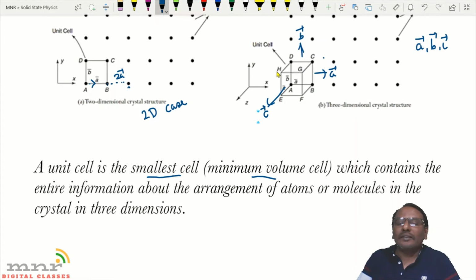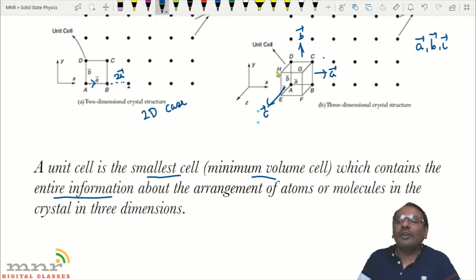The importance of the unit cell lies in the fact that when it is repeated in the 3 directions along the respective basis vectors A bar, B bar, C bar, it generates the complete crystal structure, and hence it is the minimum volume cell which contains the entire information about the arrangement of atoms.